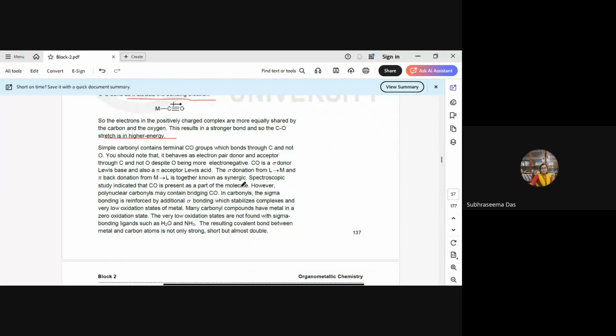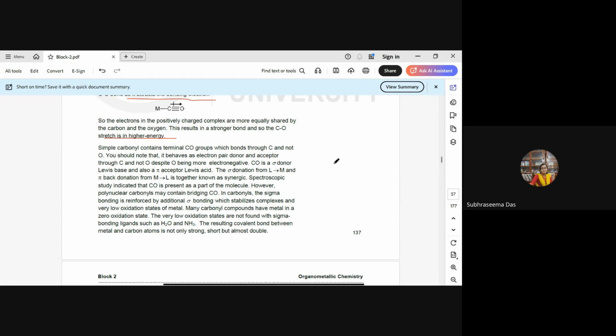A simple carbonyl contains CO groups which bond through C and not through O. Mostly when we talk of terminal carbonyl groups, the bonding is through C to the metal and not through O to the metal.